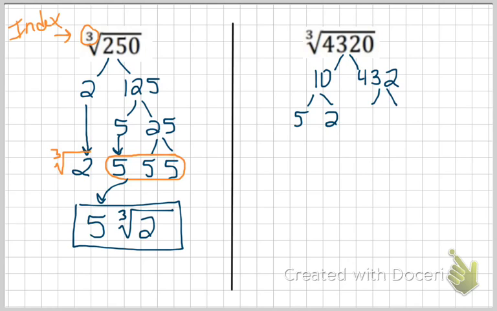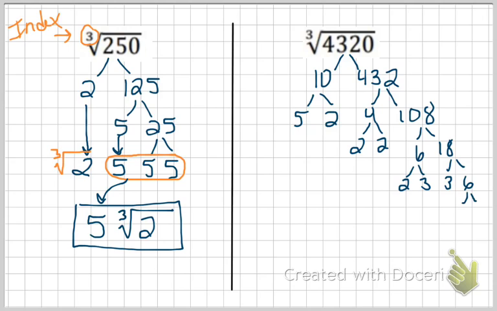We could use 4 and 108. 4 of course can be broken down to 2 and 2. 108 will have to be broken down by 6 and 18. 6 can be broken down by 2 and 3. 18 we could use 3 and 6, and 6 can be broken down by 3 and 2. As you can see, this factor tree can get pretty lengthy.